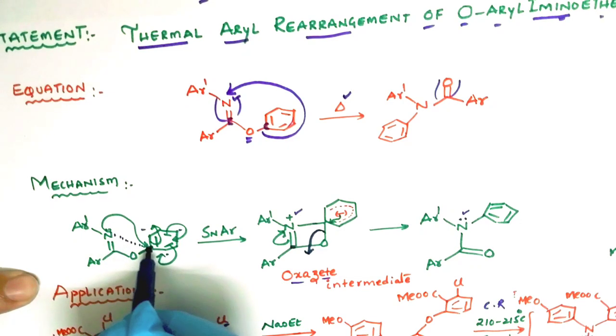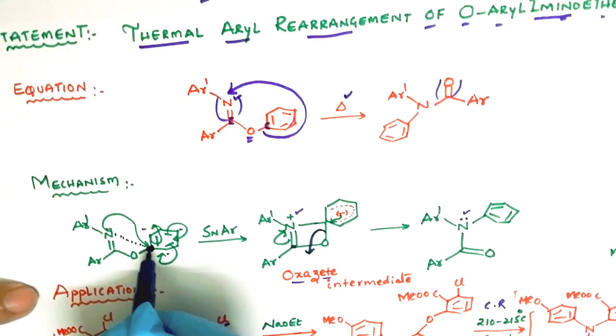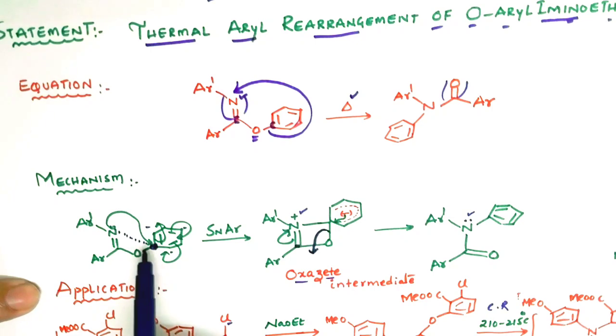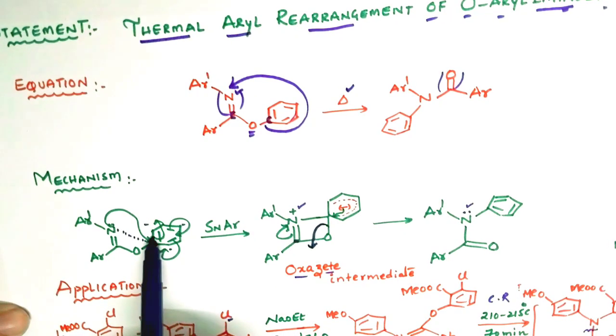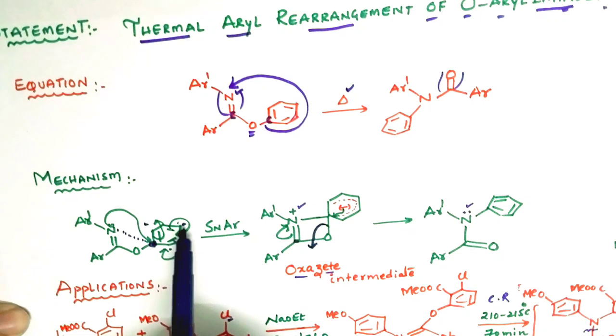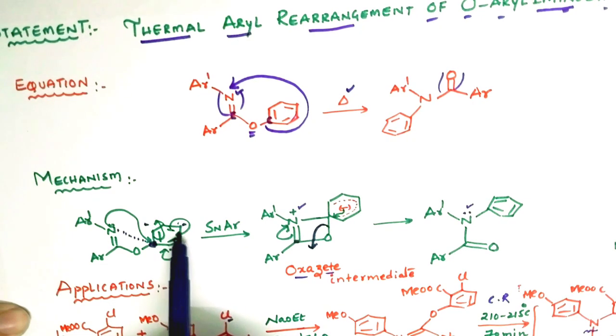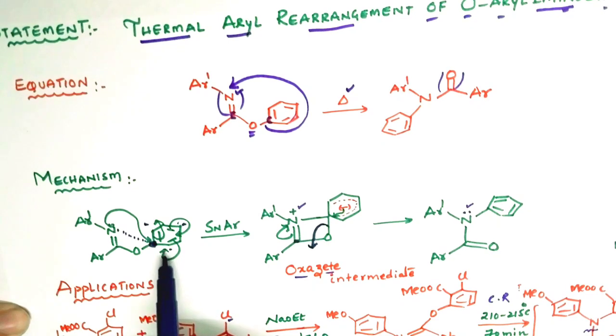It means at this carbon the valency is increasing or not? That's why these pi bonding electrons move towards this carbon, and this carbon will take the negative charge. Now this is involved in delocalization with this pi bond to form a negative charge here. Again this is involved in delocalization with this pi bond to form a negative charge here.